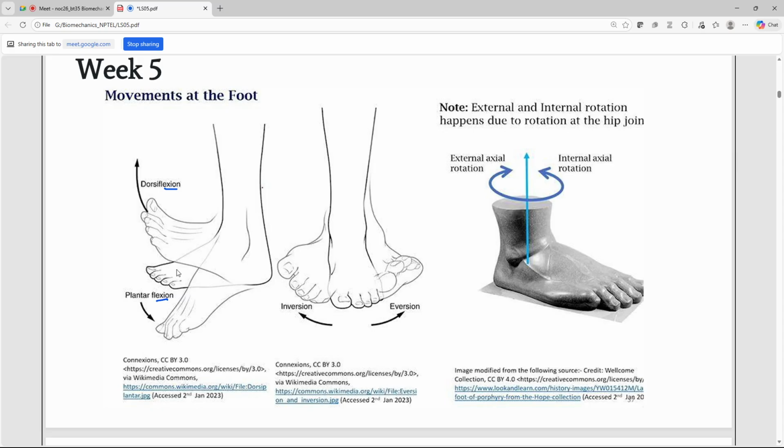Dorsiflexion and plantar flexion are the upward and downward movements of the toes, and eversion is the sideways movement to the medial and lateral side. Then rotation, external rotation and internal rotation: if we are standing on one foot and rotating our whole body inside, that rotation actually happens at the hip joint, not in the ankle. The hip joint itself helps in external axial rotation and internal axial rotation.